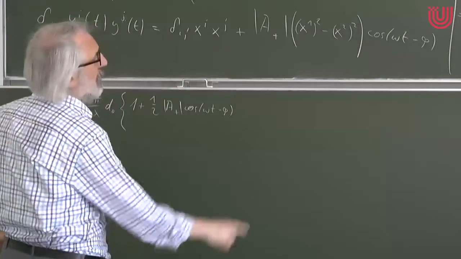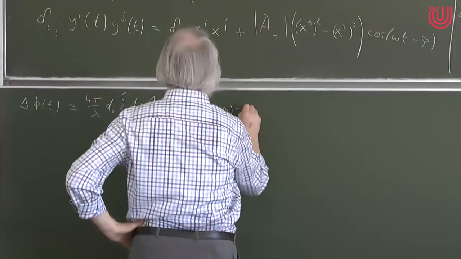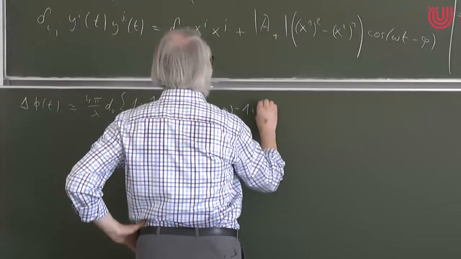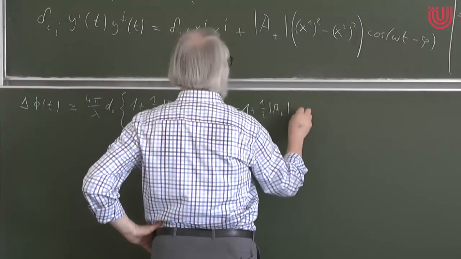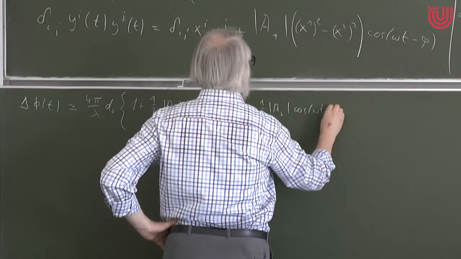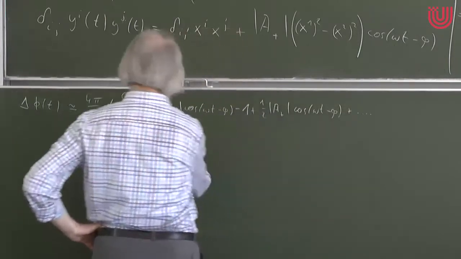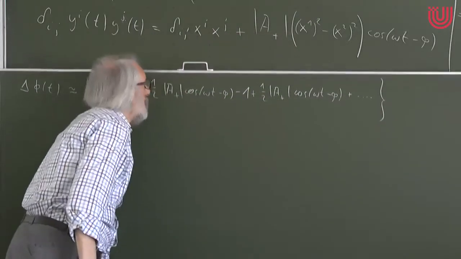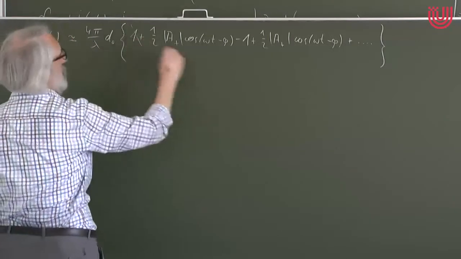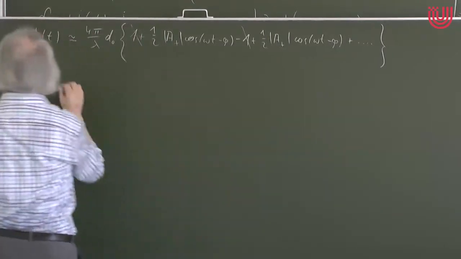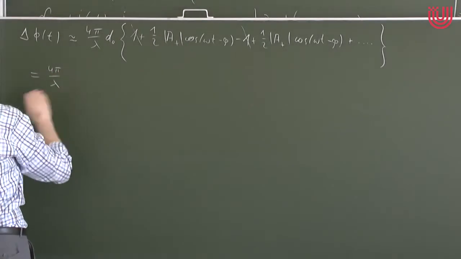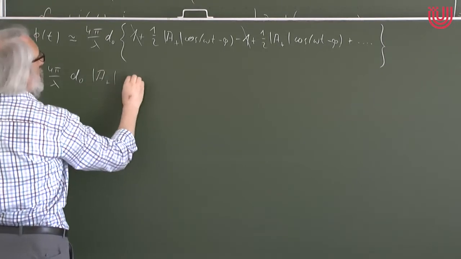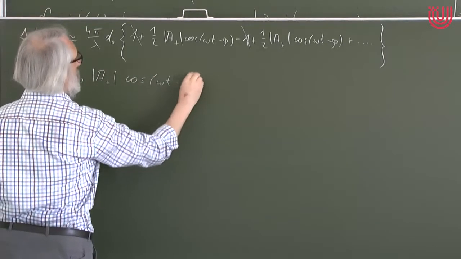And then from the second term, I get minus times minus gives plus again, plus 1/2 a plus cosine omega t minus phi, and then the higher order terms which are quadratic in a plus or of even higher order. So this goes away. 1/2 plus 1/2 gives 1. So this is 4 pi over lambda d0 a plus cosine omega t minus phi.